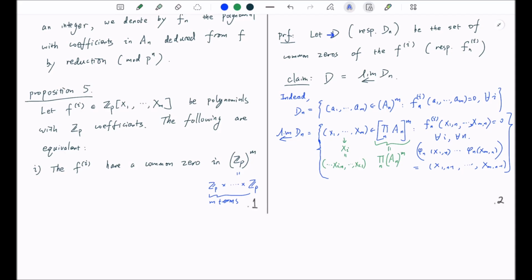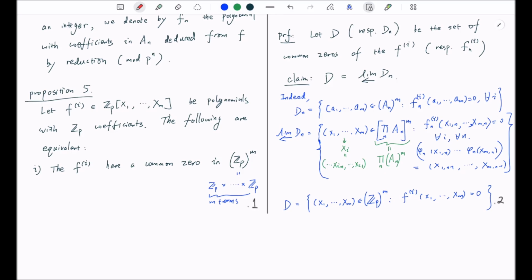And now let's write down what D is. The set D is a collection of elements x_1 through x_m in the m-fold Cartesian product of Z_p, and this is a common zero for f^i's, which means f^i of x_1 through x_m is equal to 0.